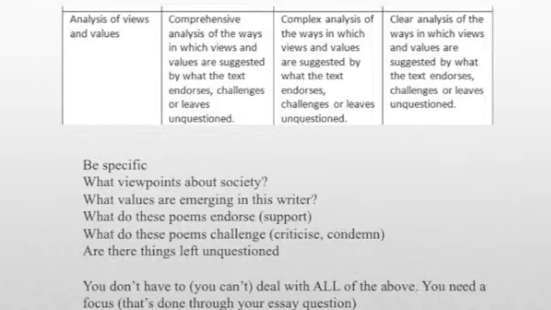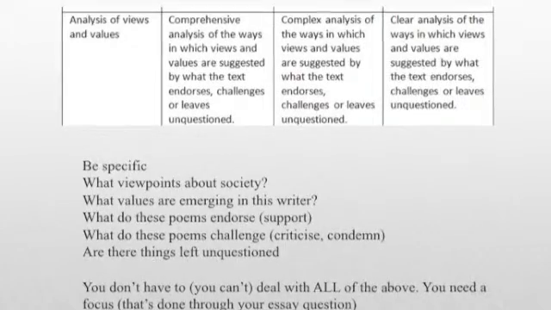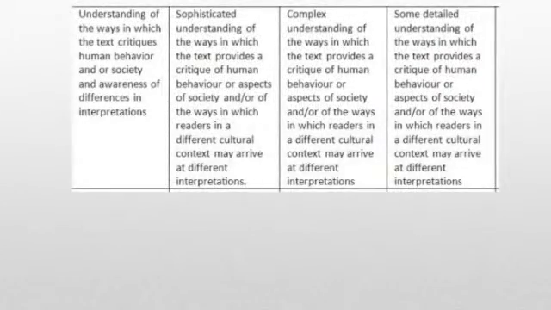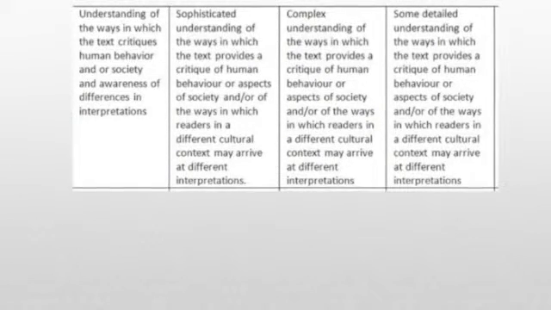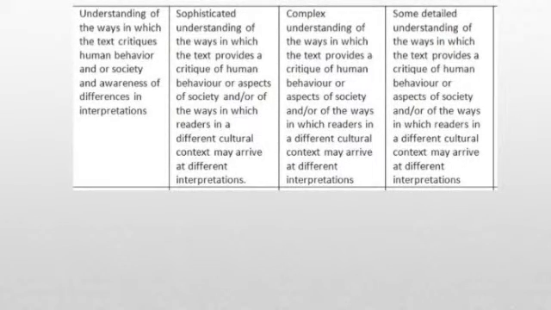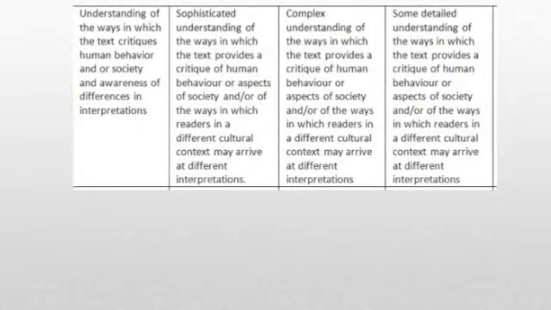This criteria is perhaps the trickiest to explain and think about, an understanding of the ways in which the text critiques human behaviour and of society, and also of awareness of differences in possible interpretations. It's a bit like the views and values one, but an extension of it.